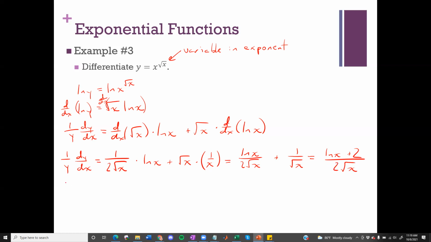All right, so now I have 1 over y dy dx is equal to natural log of x plus 2 over 2 radical x. So we're almost there. What do I need to do to finish up? Multiply both sides by y. So dy dx equals natural log of x plus 2 over 2 radical x times y.